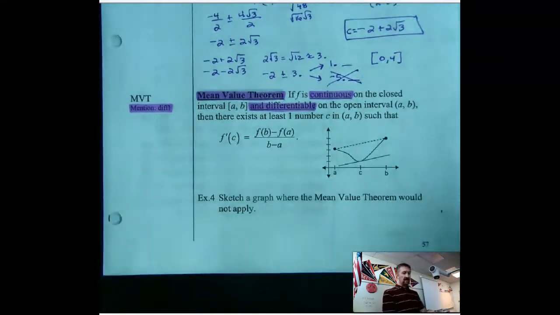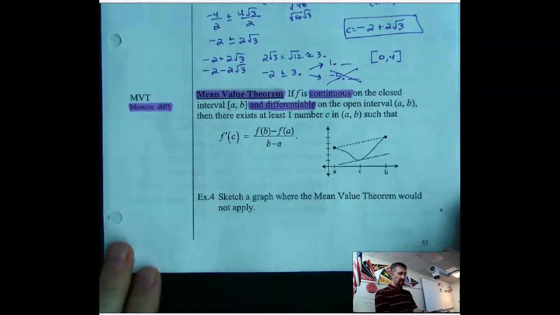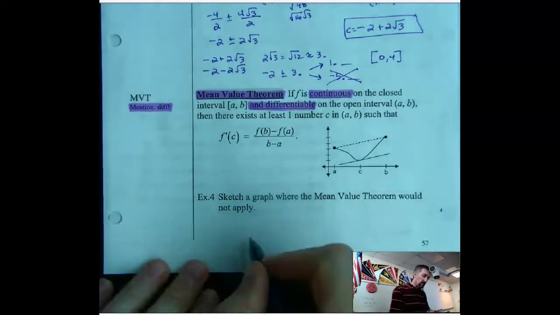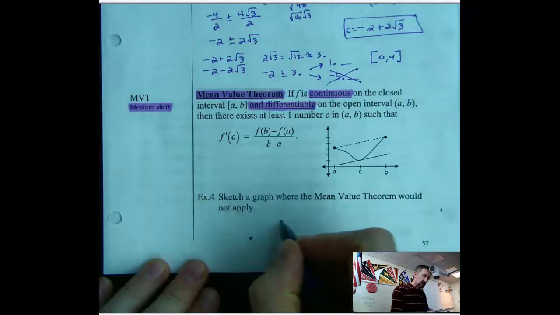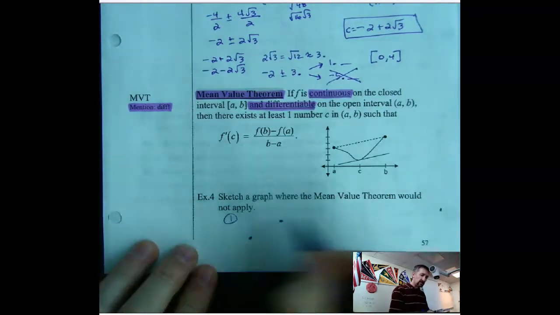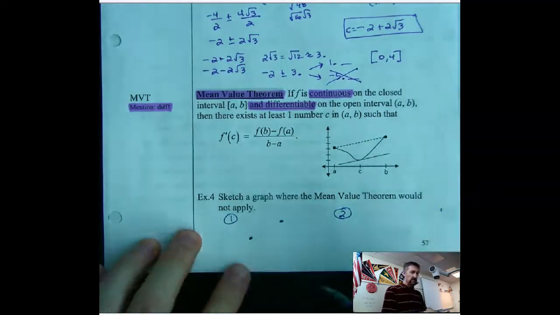Okay, so again, sketch a graph where the mean value theorem would not apply. So if I have these 2 points here, I'm going to do 2 of these, one for each, just like I did on Rolle's theorem.